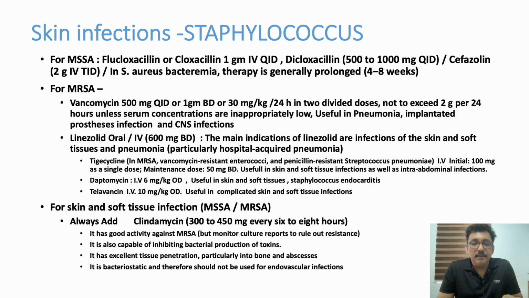That means these gram positive cocci produce toxic material at the infected area that may enter the blood and produce toxic shock syndrome. To prevent that, we have to add clindamycin to the regimen. So always add clindamycin when you suspect a severe skin infection and systemic extension of that infection.